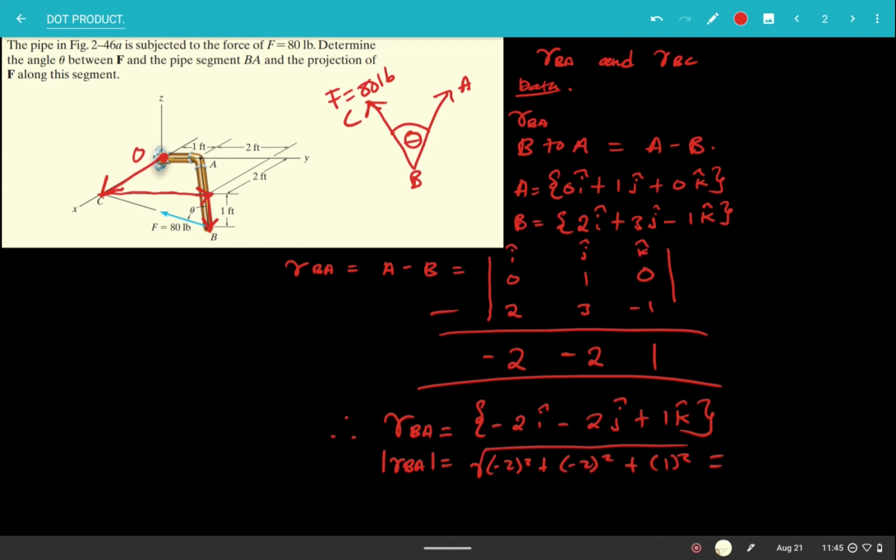This will give us the root of 9, giving us 3. Now all these positions are in feet, so this would be in feet, as well as this would be in what? Feet.